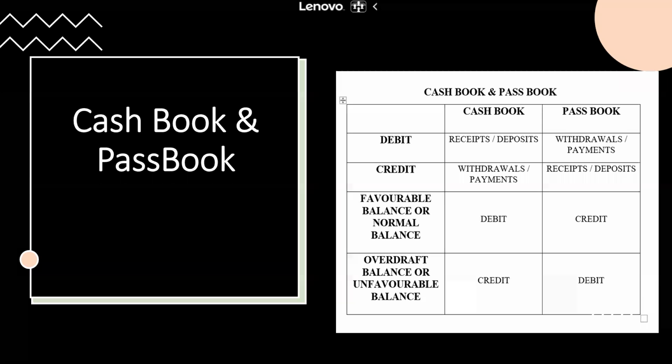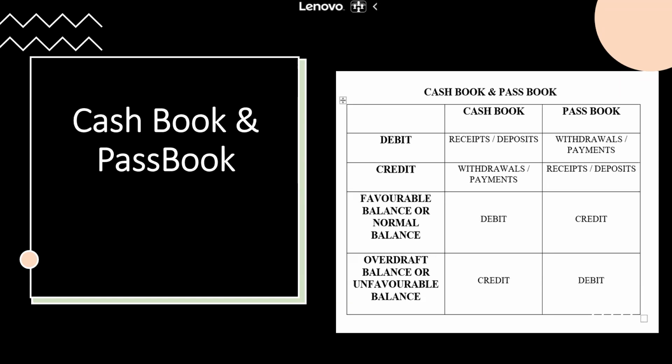When we come to the balances part, the favorable balance or normal balance in cash book is debit. Overdraft balance or unfavorable balance of cash book is credit. When you come to passbook, favorable balance is credit balance, overdraft balance is the debit balance. So if you look at one thing here in this picture, favorable balance of cash book will be equal to overdraft balance of passbook because both of them will show debit.